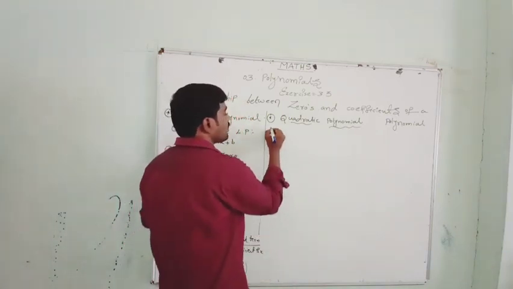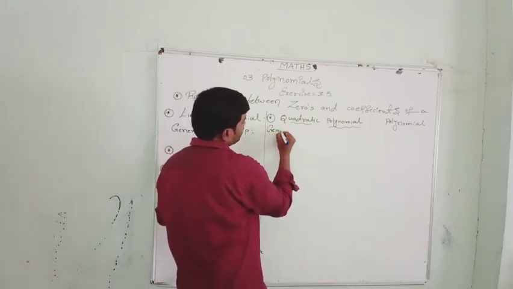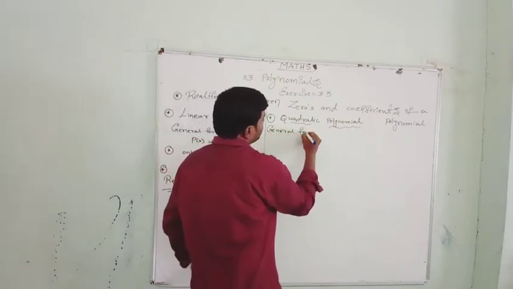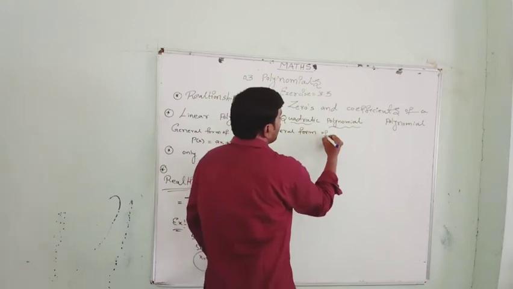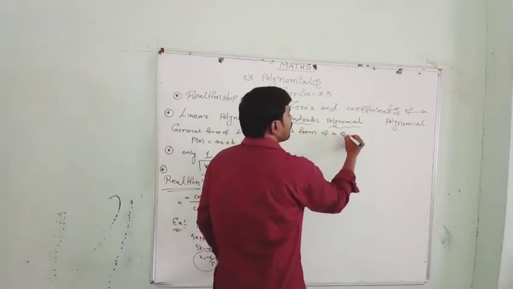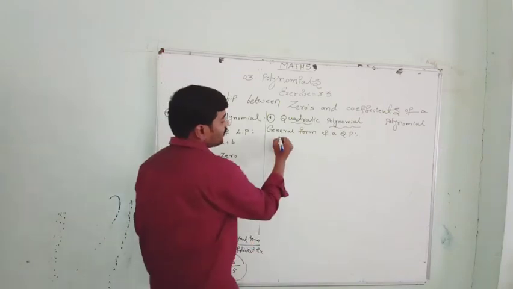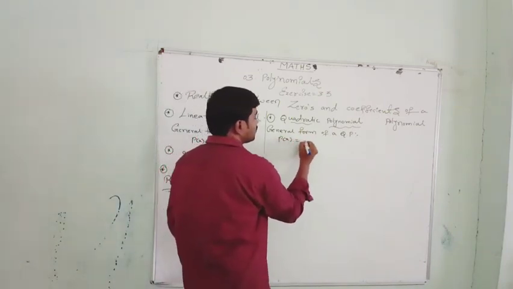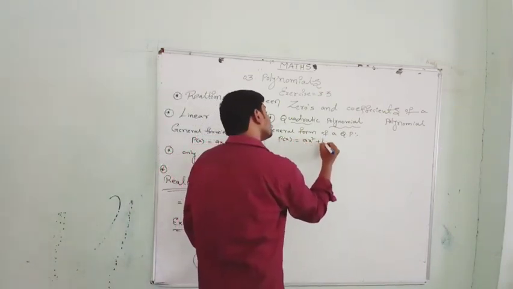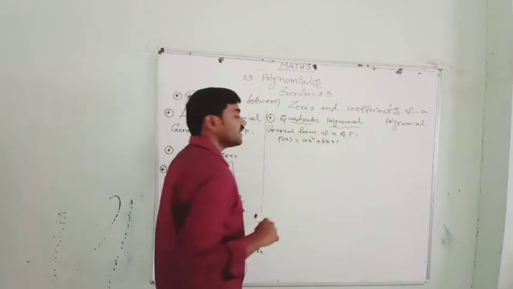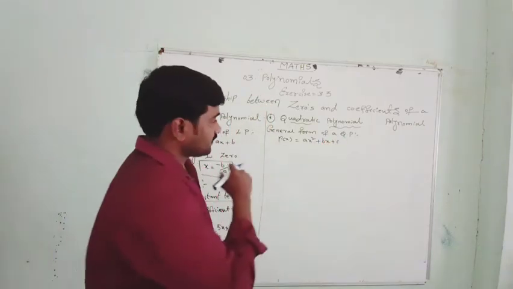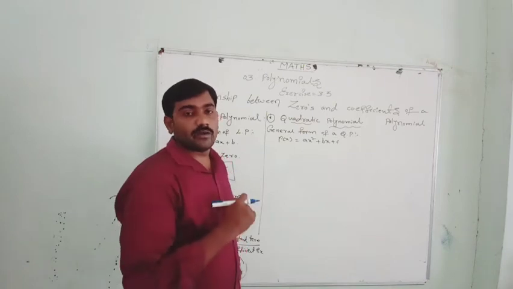Then what is the general form of a quadratic polynomial? The general form of a quadratic polynomial is p of x equal to ax square plus bx plus c.